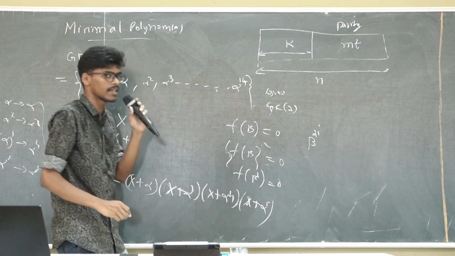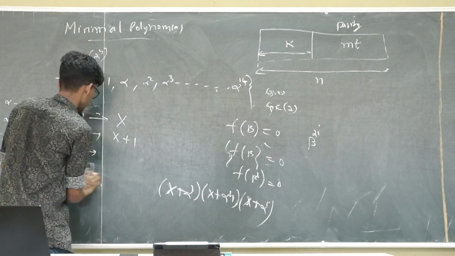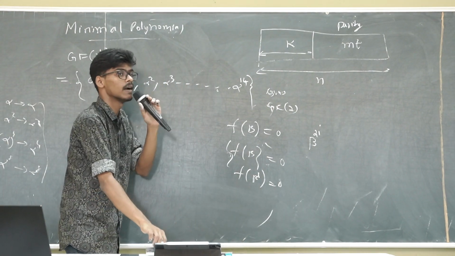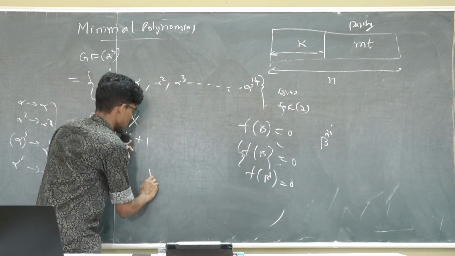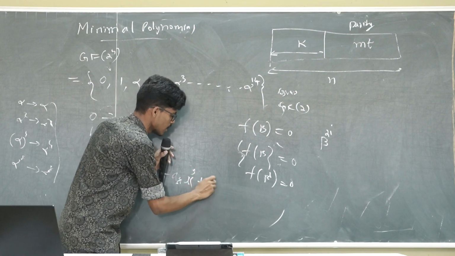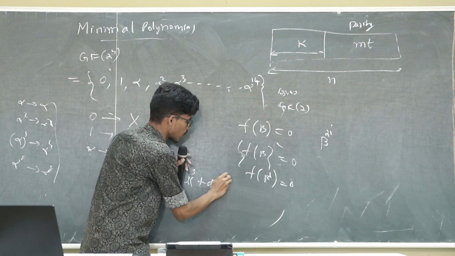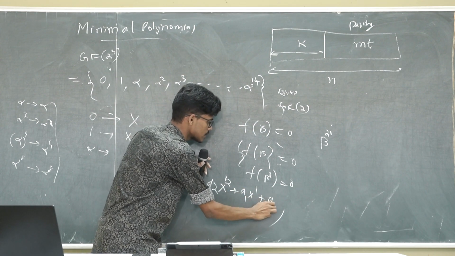You can reduce it either this way, or the next method is: x to the power 4 plus a3 x to the power 3 plus a2 x to the power 2 plus a1 x to the power 1 plus a0.